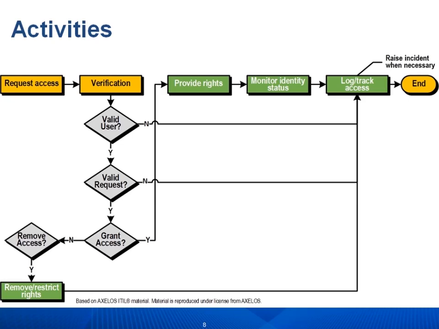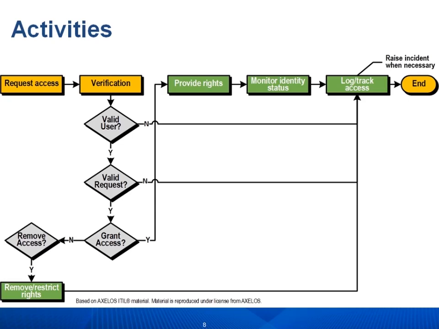Is it a valid request? Are we going to grant access? If no, are we removing access? If yes, we'll remove the rights. But if we are granting access, of course, we'll provide the rights, monitor the identity status, and log and track the access and raise incidents when necessary so that we can fulfill our policies, and of course then our process flow would be at its end.